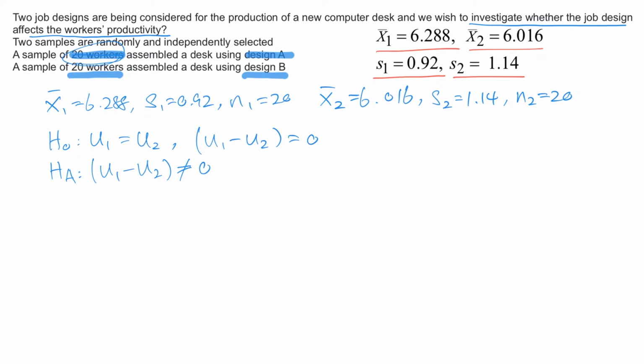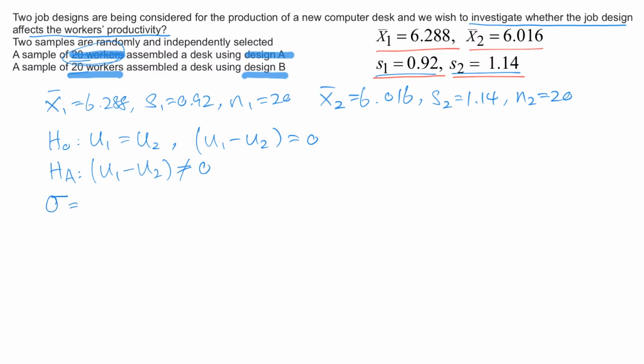In this question, we're not told the population variance or standard deviation, and we note the sample standard deviations are quite similar, but at the same time we note the sample sizes are quite small, only 20, whereas for the central limit theorem to apply, we usually need a sample size of more than 30. Therefore, we need to make a couple of assumptions to go with our test statistic.